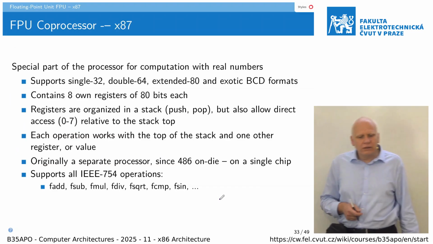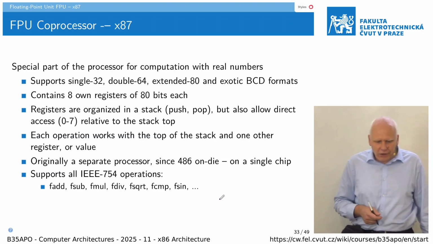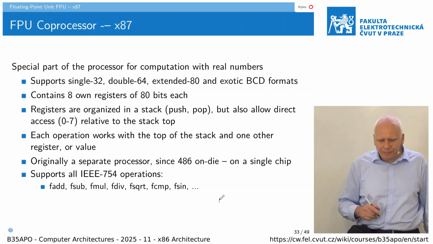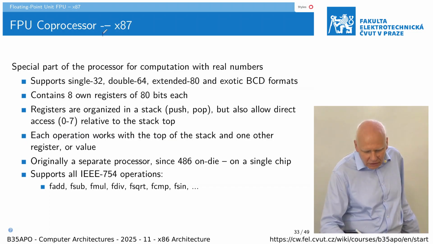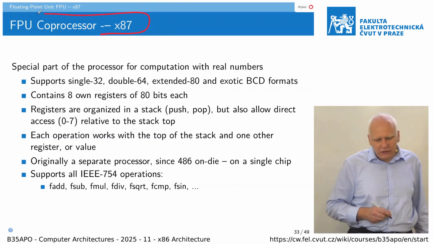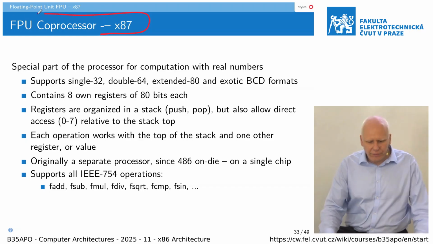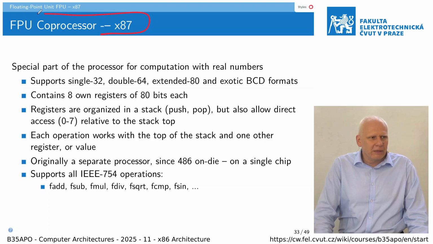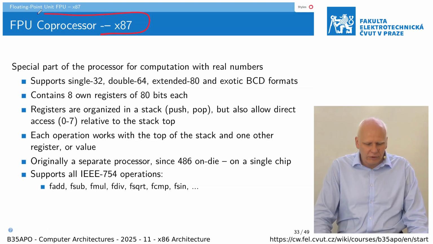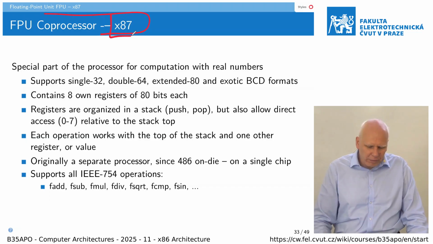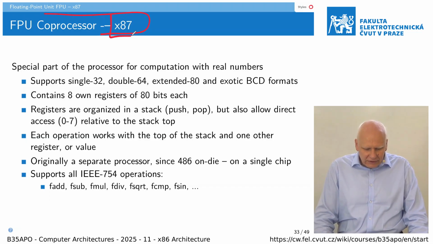Then if you want to work with floating point arithmetic, there is a coprocessor, and Intel has been quite good in the hardware implementation of floating point arithmetic from the beginning. So they implemented the 8087 coprocessor in the 80s.